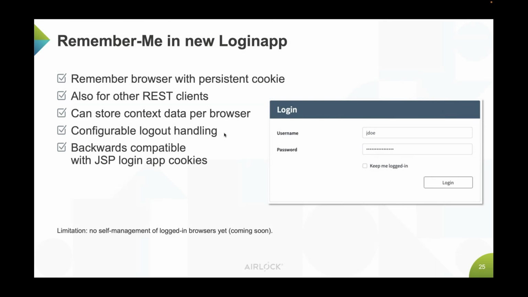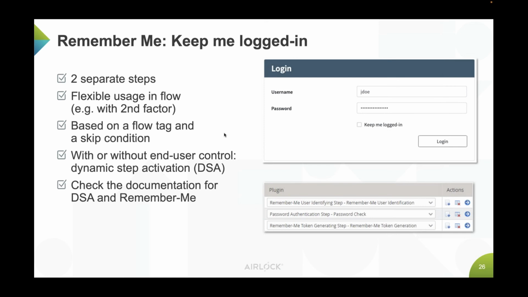And how it is implemented in the authentication flow is actually as two separate steps. If you look at the config snippet on the bottom right of the page, you see a simple authentication flow with 3 steps. In the middle is the actual authentication, the password authentication step.